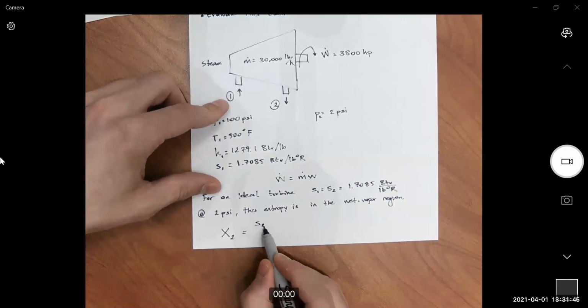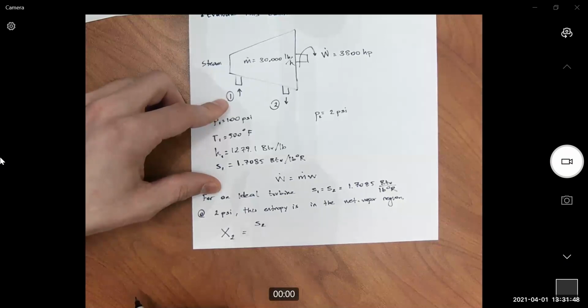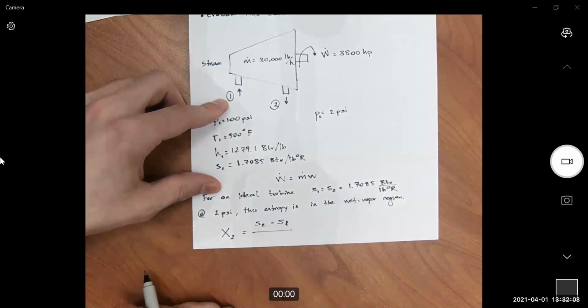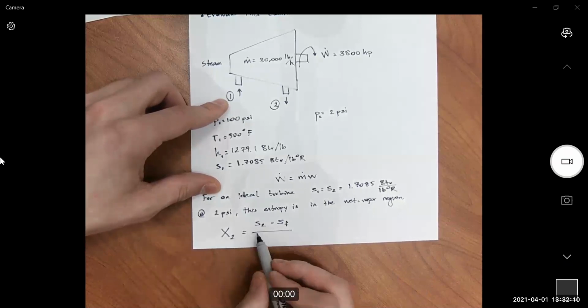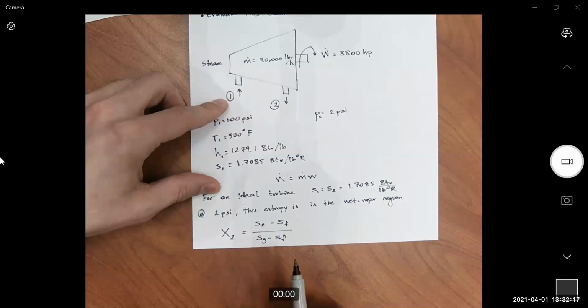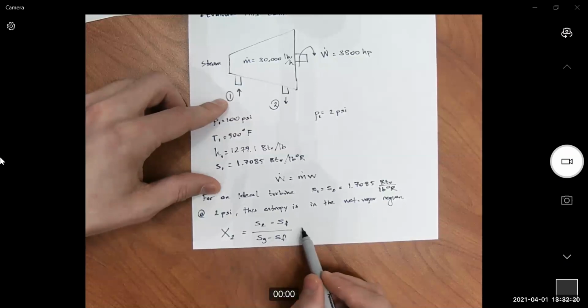So S2, I know my S2, because for an ideal turbine, S2 equals S1. I know my S2, 1.7085 BTU per pound degree Rankine, minus SF, the saturated liquid entropy value at 2 psi, over SG minus SF, saturated vapor entropy minus saturated liquid entropy.